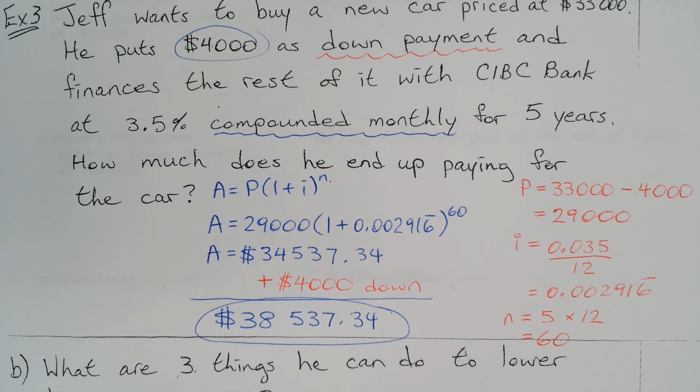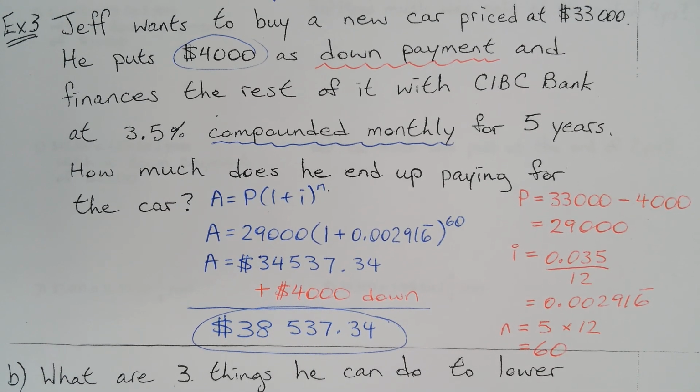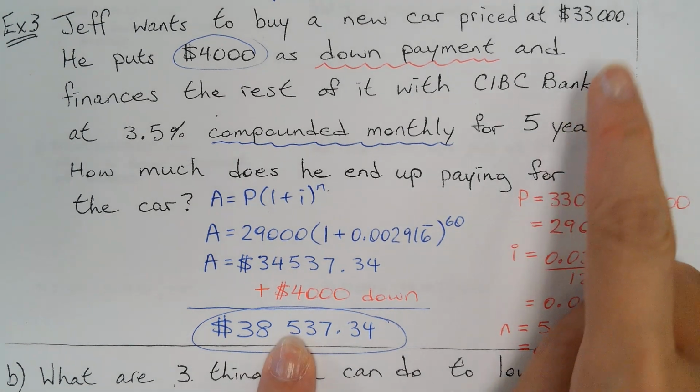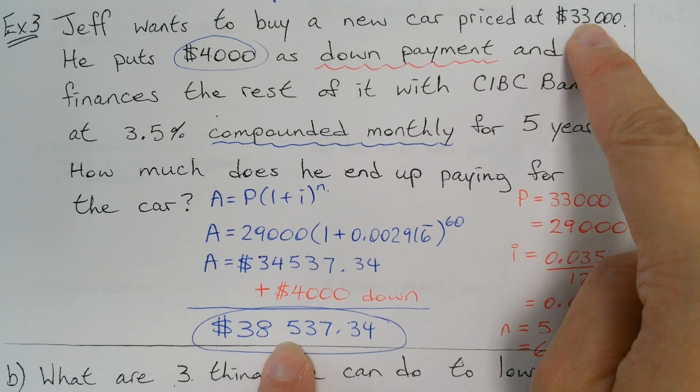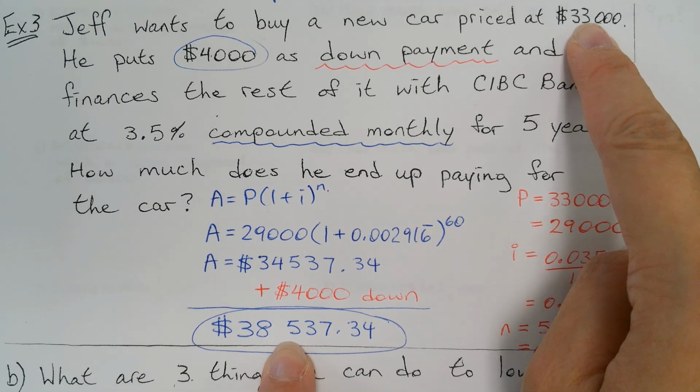How much interest was paid? Roughly. Pedro? Yeah, this was the original amount. This is how much you paid at the end. So at the end of 5 years, you paid about an extra 5,500.